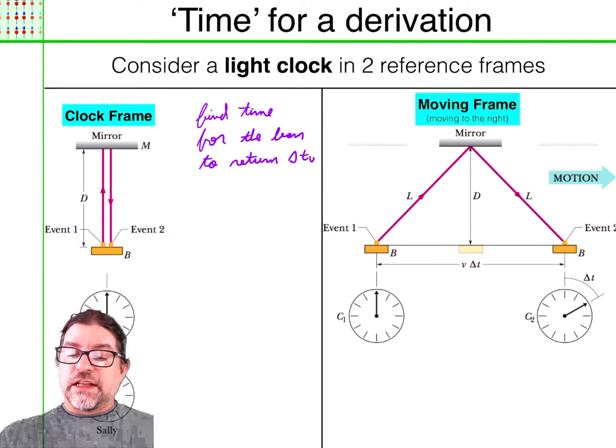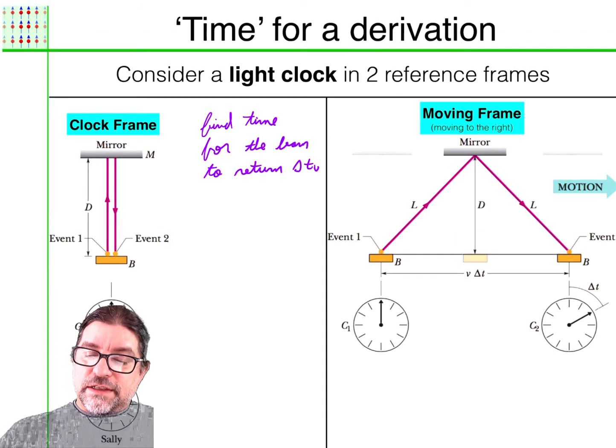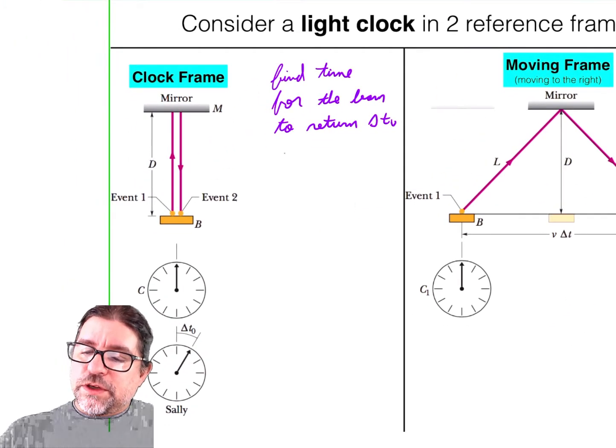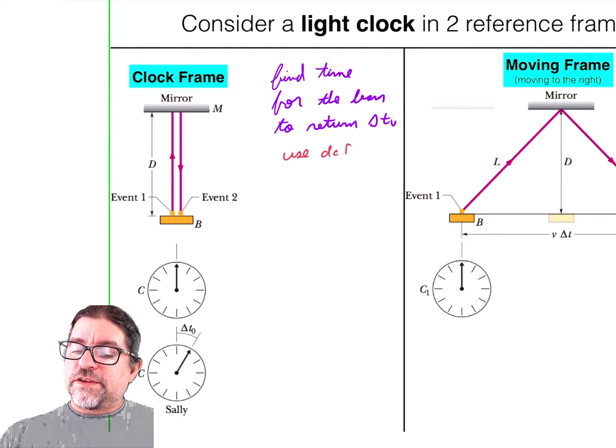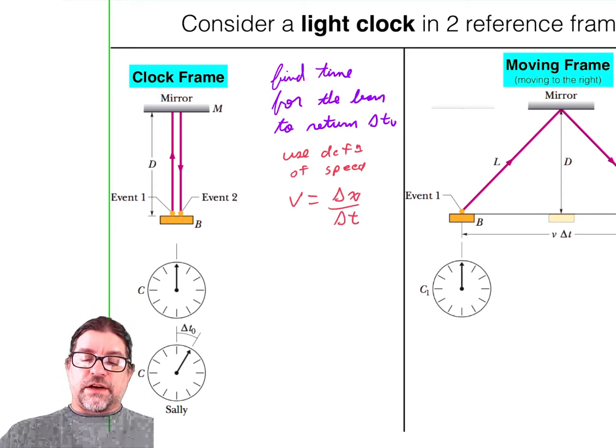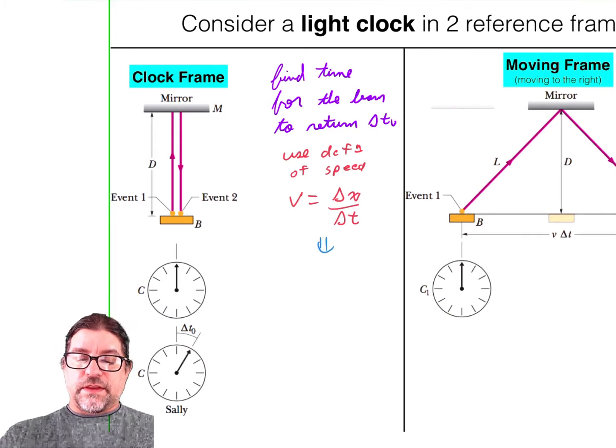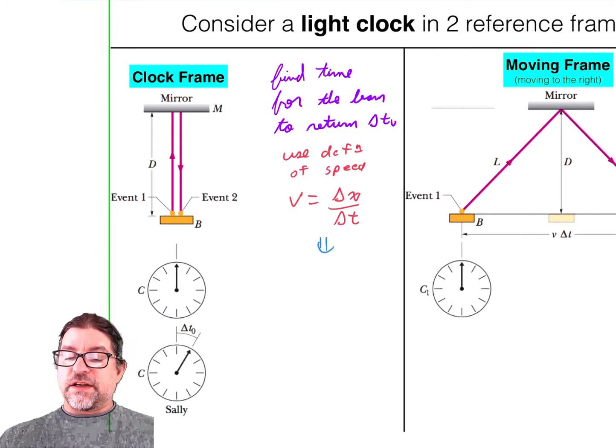To that end, we're going to use the definition of speed, or at least of average speed, and that is v equals delta x over delta t. In our case, v is the speed of the light.